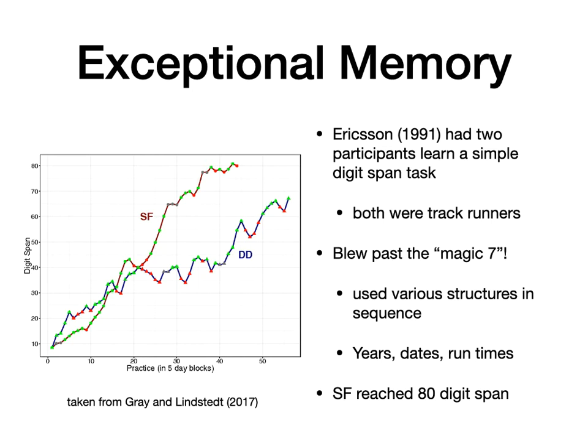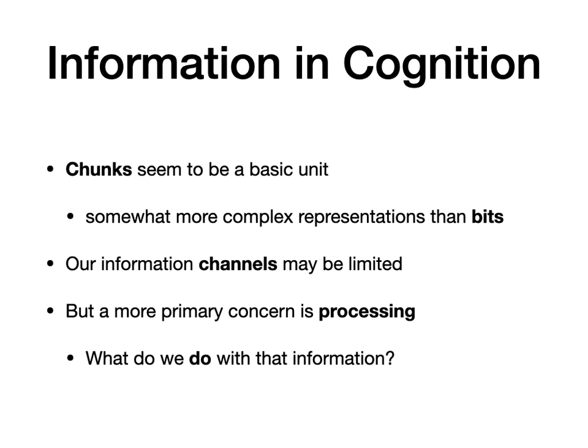They wouldn't keep them forever, but they were able to keep track of them because they were using this chunking concept. So, when it comes down to it, chunks seem to be a fairly basic unit of information, at least in the brain.